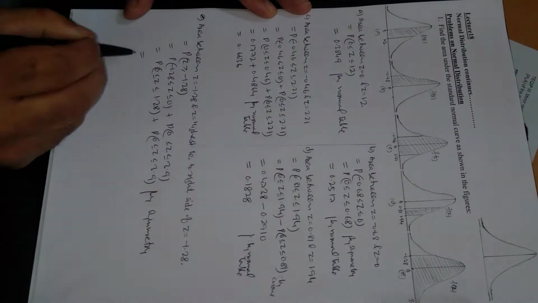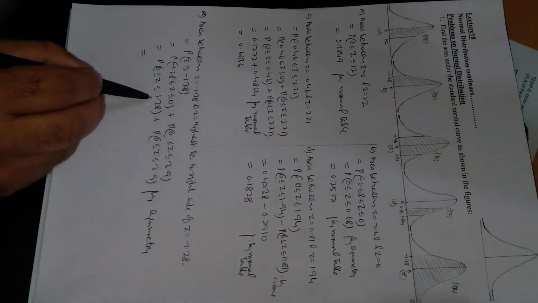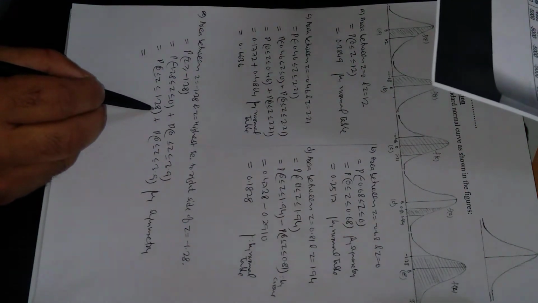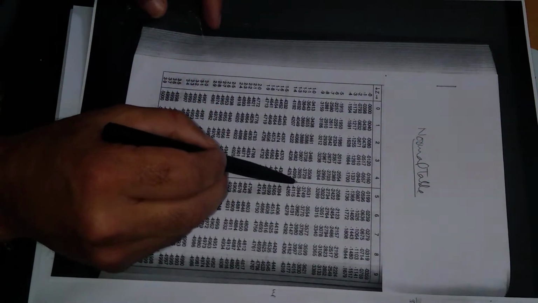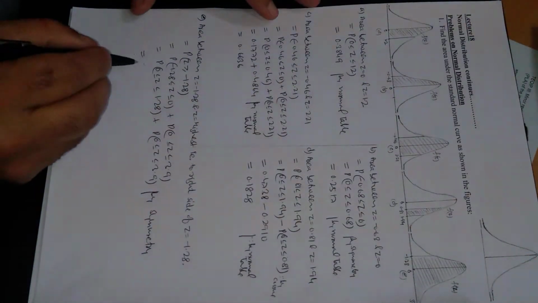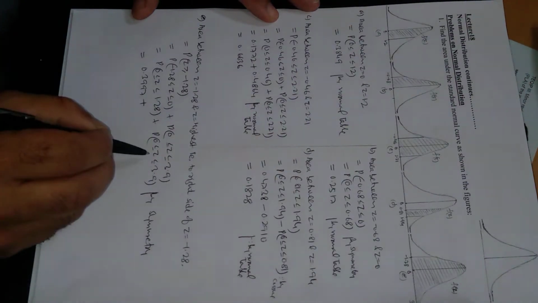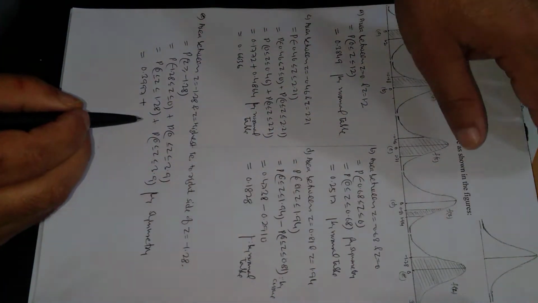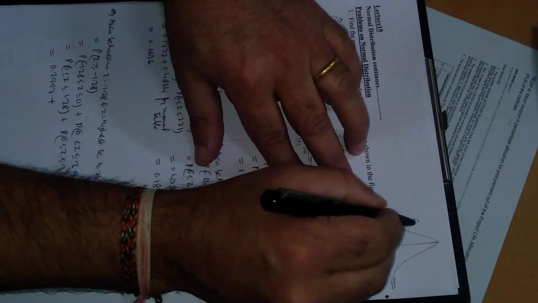Now we will find both these probabilities by the normal table. The highest value in this case is 1.28. Go through 1.2 and below the column 8. 1.2 is here and below the column 8 is 3997. This is 0.3997, plus the probability from 0 to 3.9. This is clear, as we know this is the normal curve f of z.